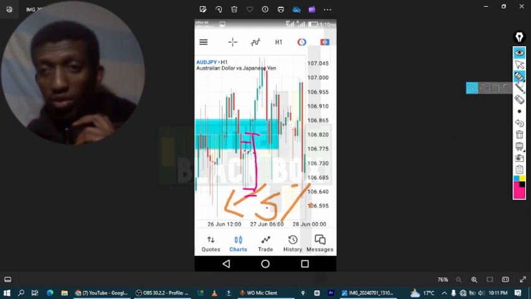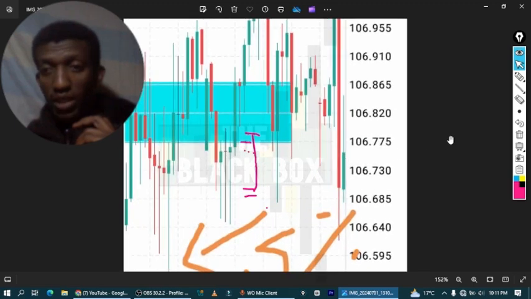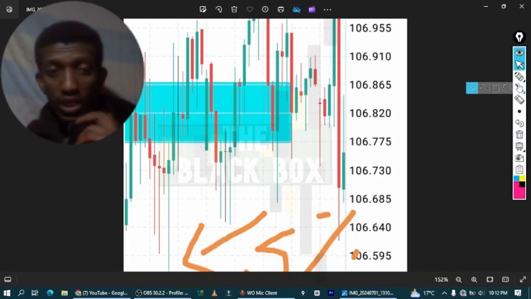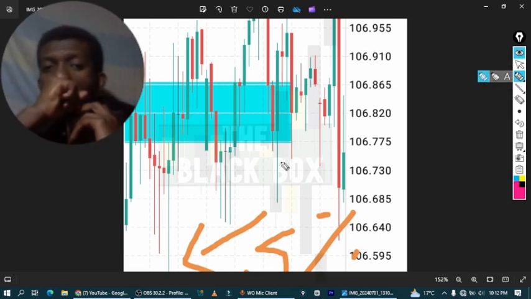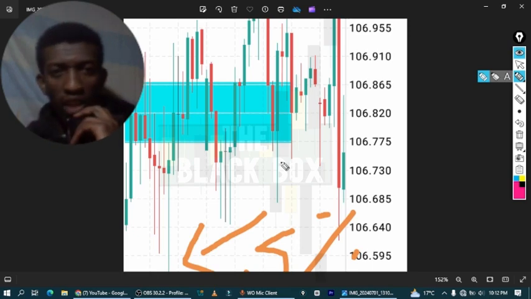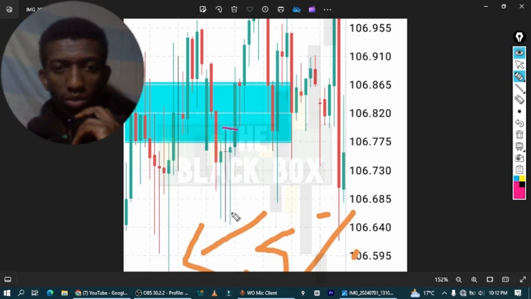if the price has no body at all, I mean, if it is a doji, sorry guys, if it is a doji, then I told you to use the wicks, right? So look what happened.